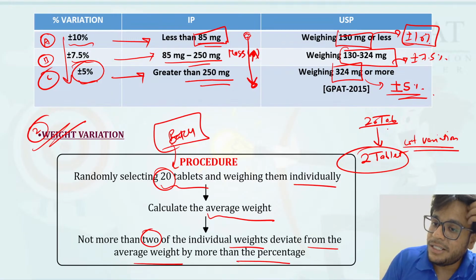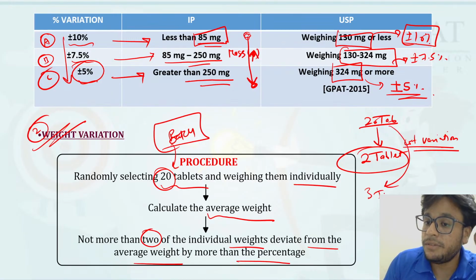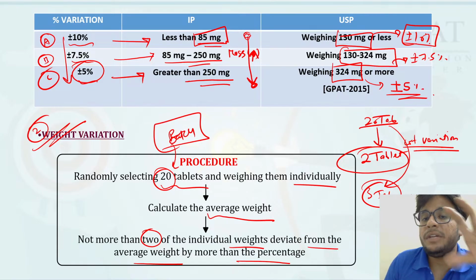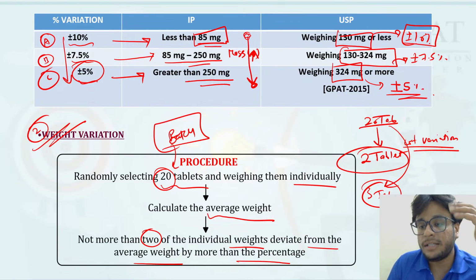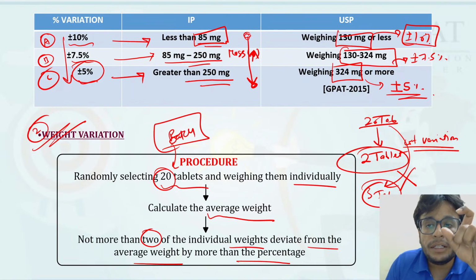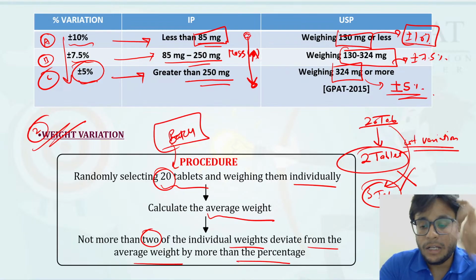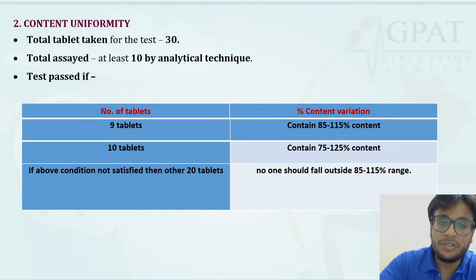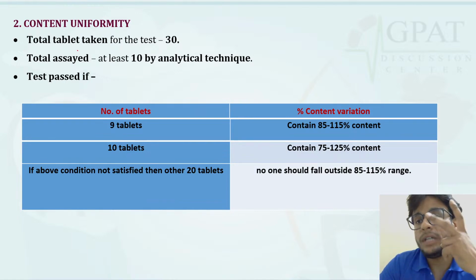If 3 tablets have weight variation beyond the range mentioned in the table, then the batch is rejected. The batch is accepted only when, out of 20 tablets, only 2 show weight variation beyond the allowable range. So they only allow 2 tablets to vary in their content.